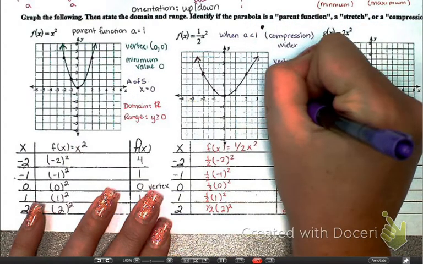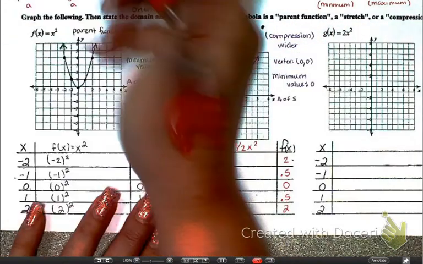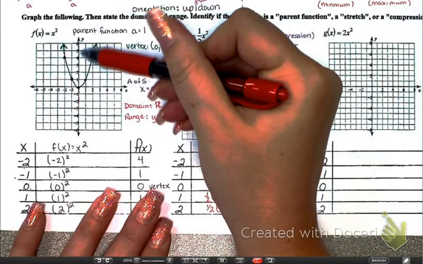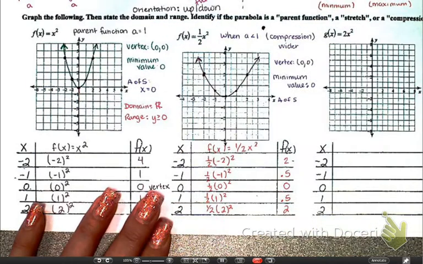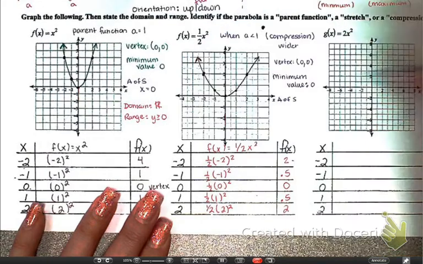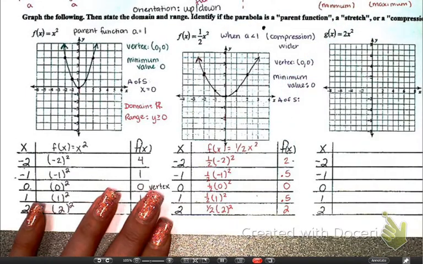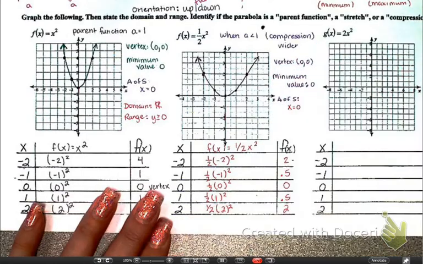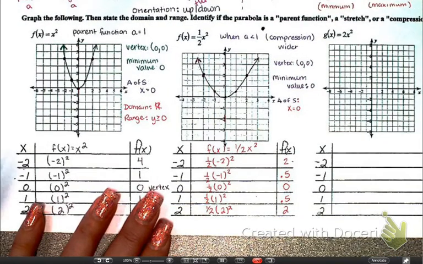Then I have an axis of symmetry, which I did not draw in here. I'm going to draw it in. It's hard to see, but I have a dotted line through the origin. You can't see it at all, but know that it's there. Same thing with this one. What's my axis of symmetry? It's a line. X equals 0.